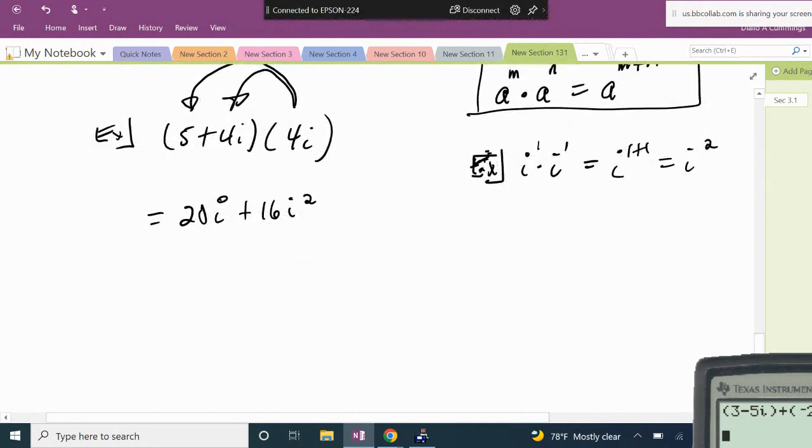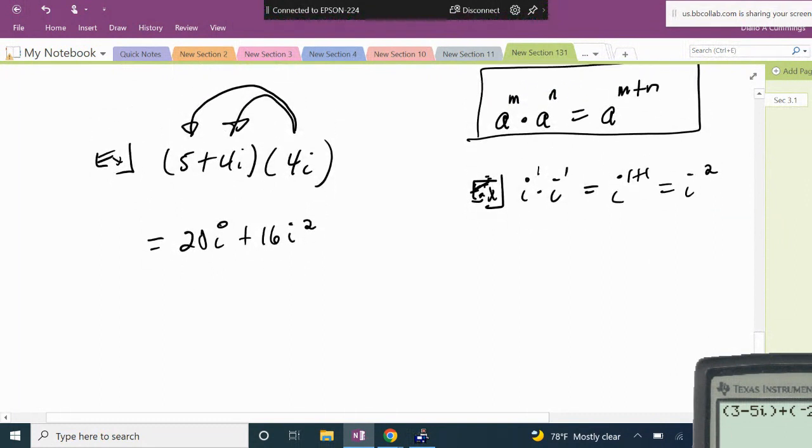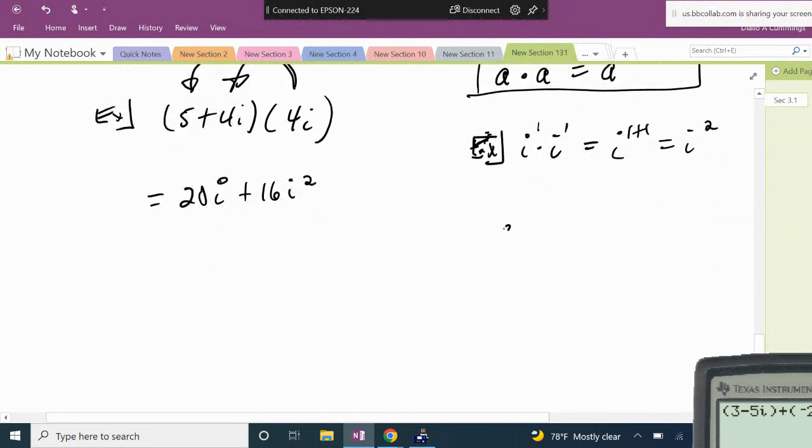Now this is going to become important later on, so I'll go through a couple of these exponent rules. We have another exponent rule which says that a to the m, raised to the power of n, we would multiply exponents. So we would have a to the m times n.